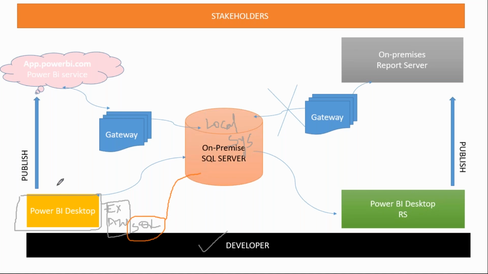Now, once this is done, I am publishing this report into Power BI Service. And this Power BI Service is in the cloud. It's like a satellite. Okay. Now, so far so good.